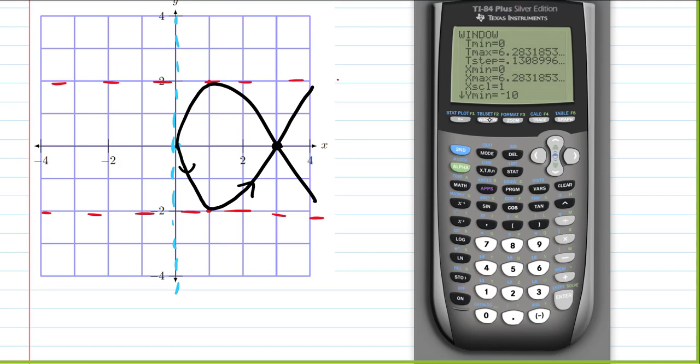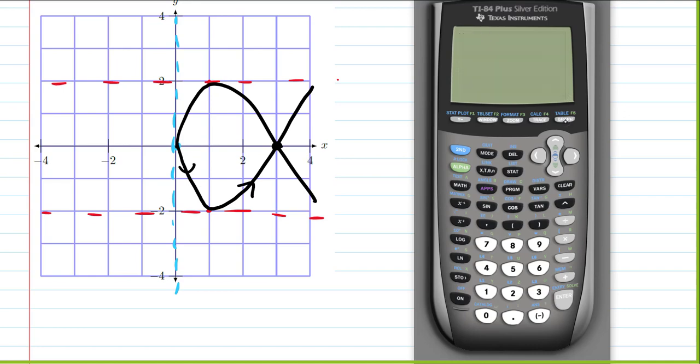Well, let's go ahead and change our window and see why. Oh, t min. So let's at least go to negative 2 pi and see what we get. So negative 2 pi. And let's change our x min is 0, x max on this graph is 4. And let's make our y min and y max 4 and 4 as well.